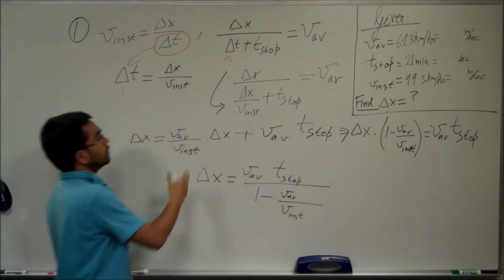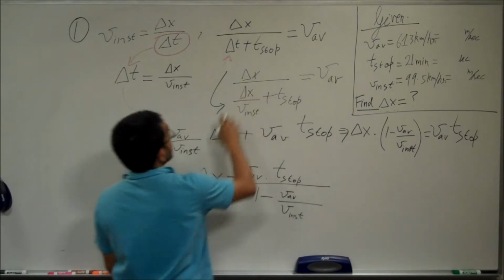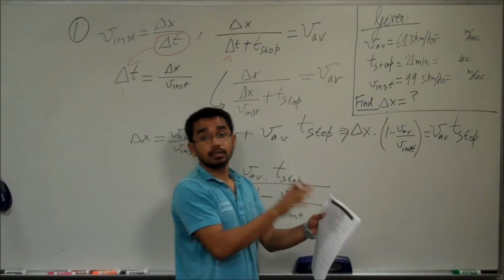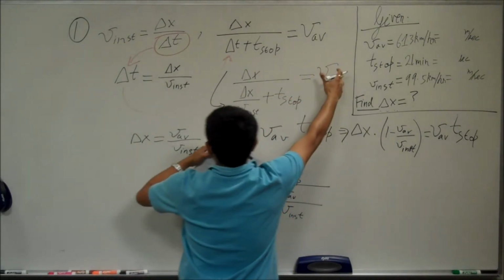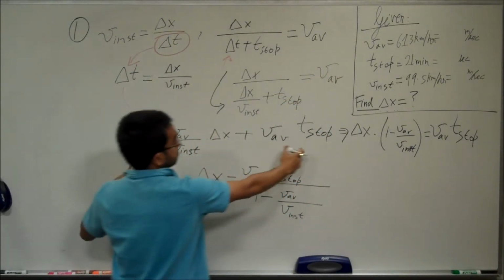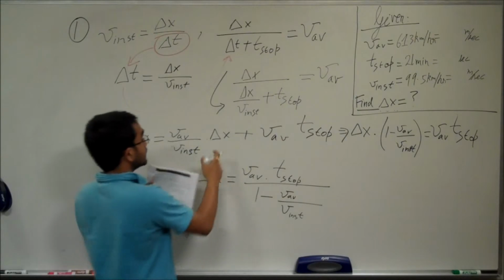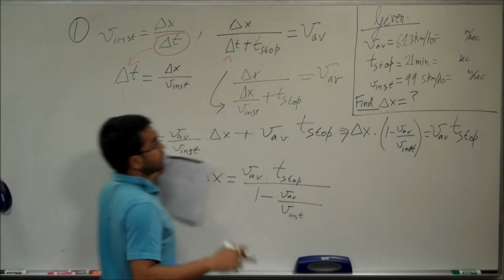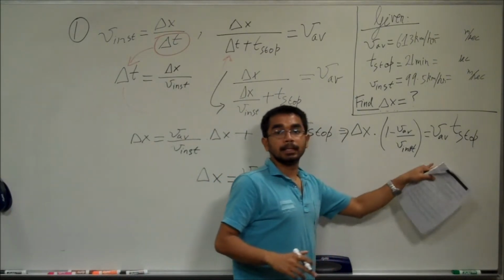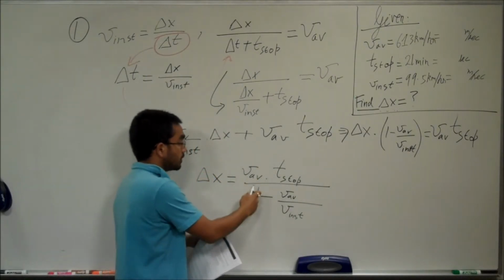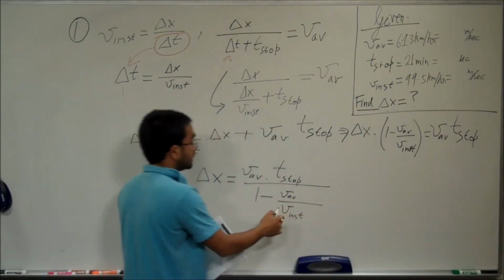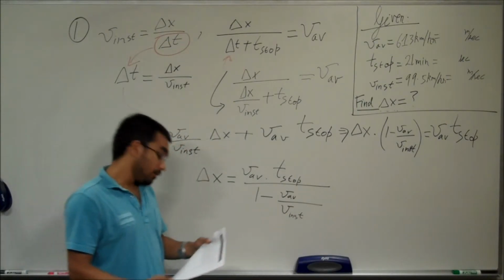So we have everything we need, and we need to separate delta x out of this whole messy term. I take this huge term and multiply with the average, and this is what I get. Then I bring the delta x to the left side, separate delta x out, and I get a nice little term for determining delta x given the average velocity, t stoppage, and v instantaneous.